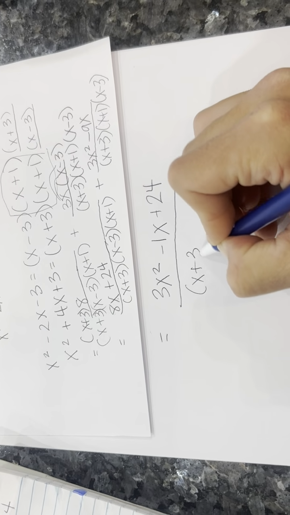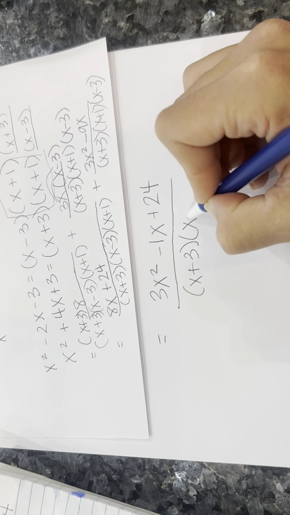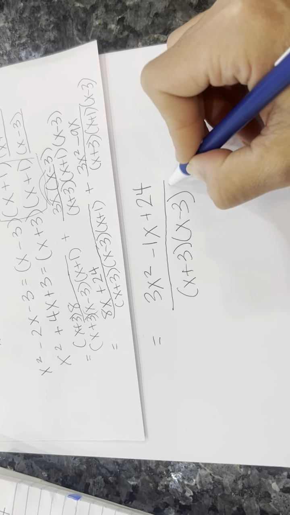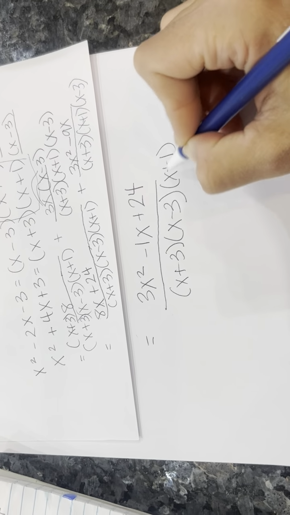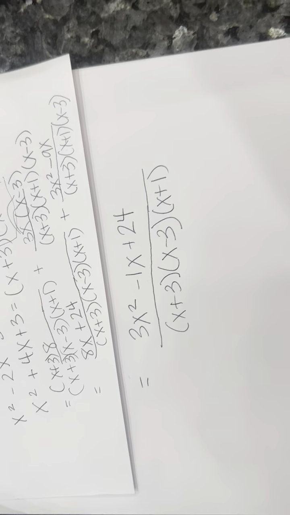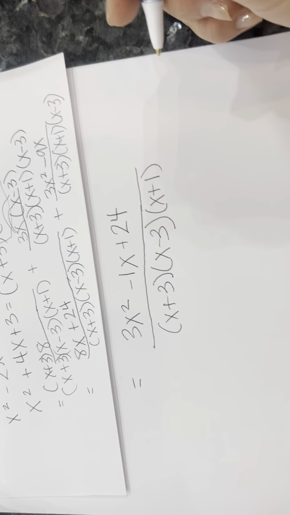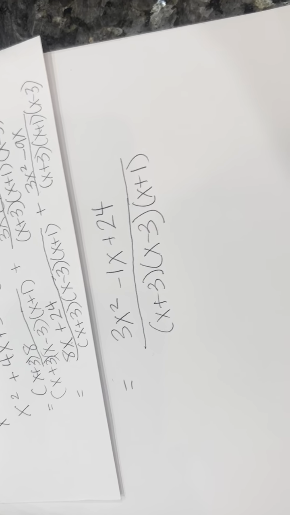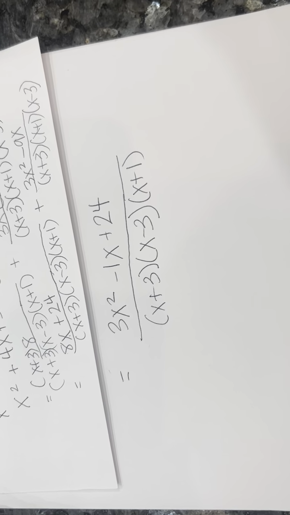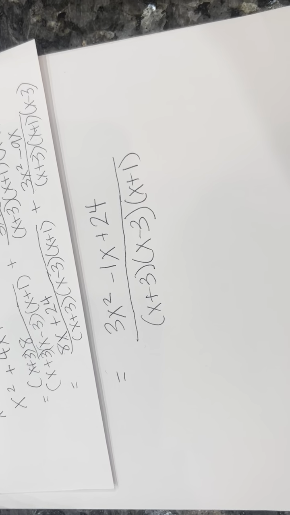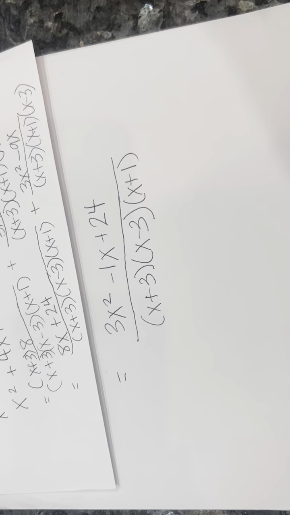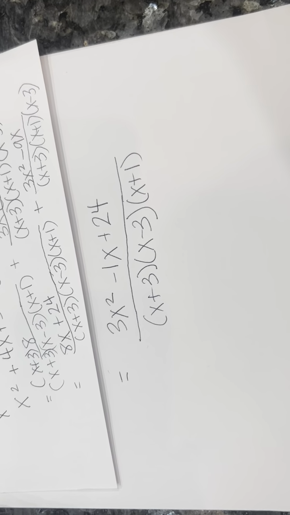They have the same denominators. So that's why I was able to go ahead and add those numerators. We got that least common denominator. Okay, now all I need to do is go ahead and factor that numerator and see if it is factorable or not.